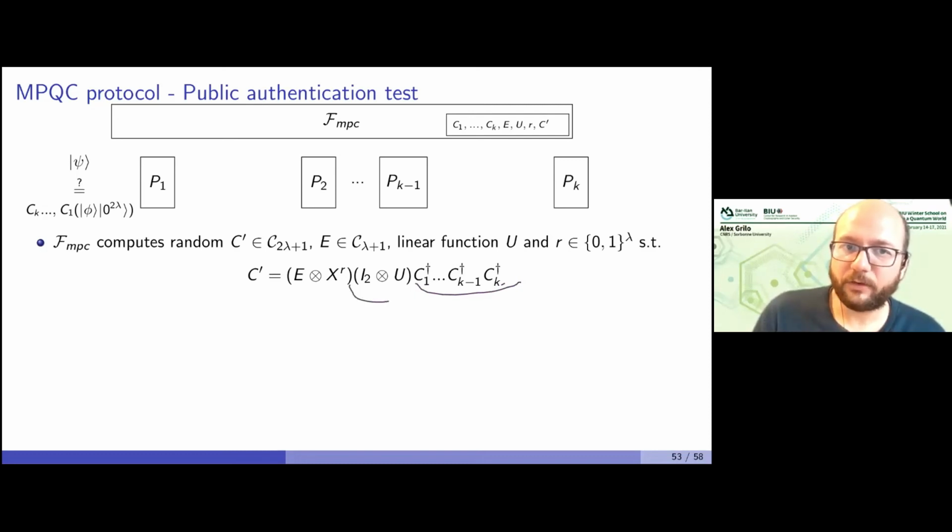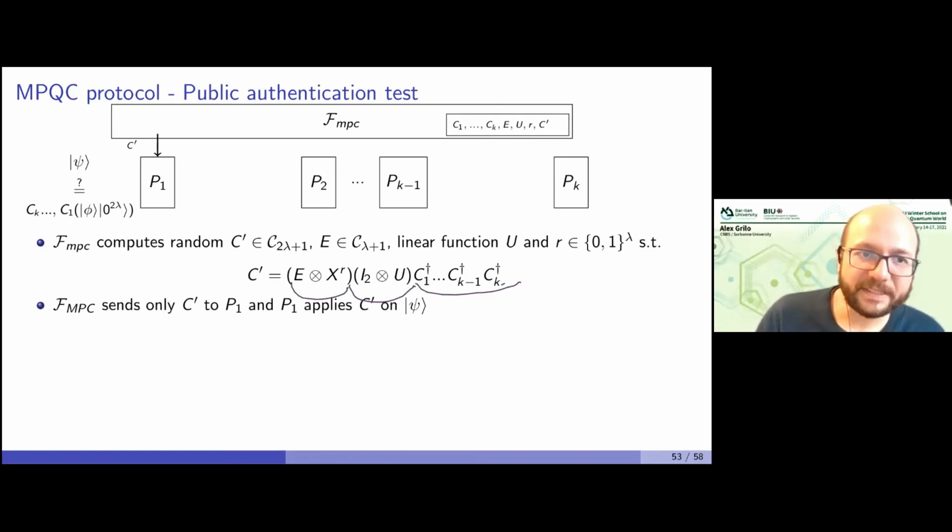This linear function will act on the 2 lambda ancilla qubits. And finally, this R is one-time padding the last lambda ancilla qubits.